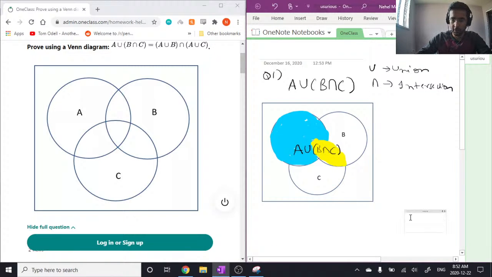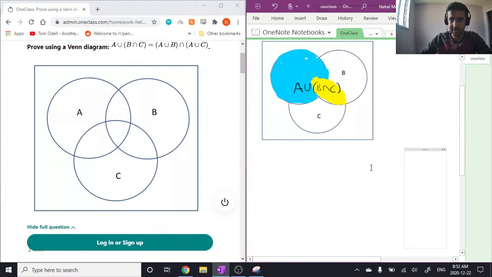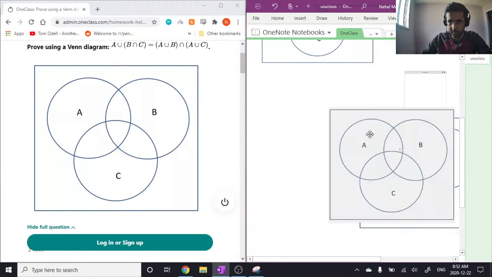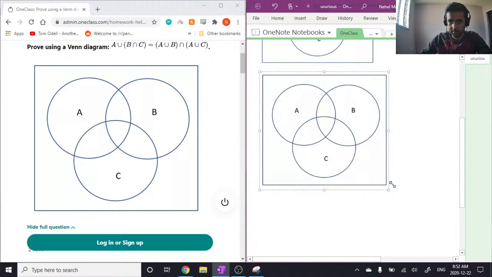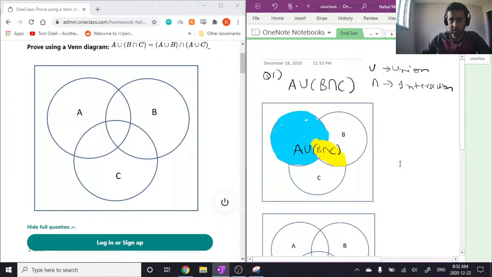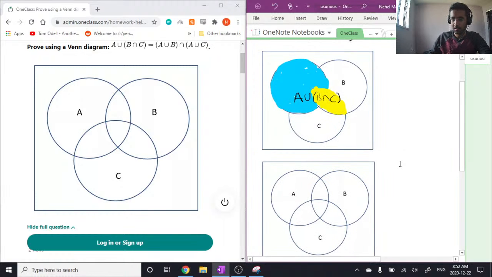If we go over and check what the right-hand side would look like, I would paste another one of these. On the right-hand side, we're given two brackets, so we'll solve them individually and then combine them.